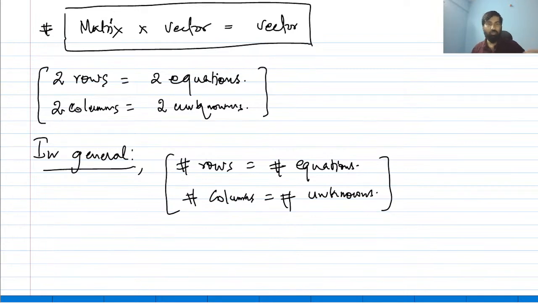Now going forward, we will be talking about how to graph these equations. Everybody knows how to graph straight line equations, right? So if you are going to plot a straight line equation, that plot will be known as row picture. इसको क्या बोलेंगे?